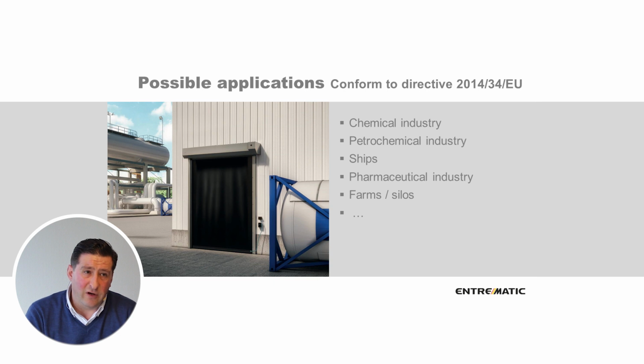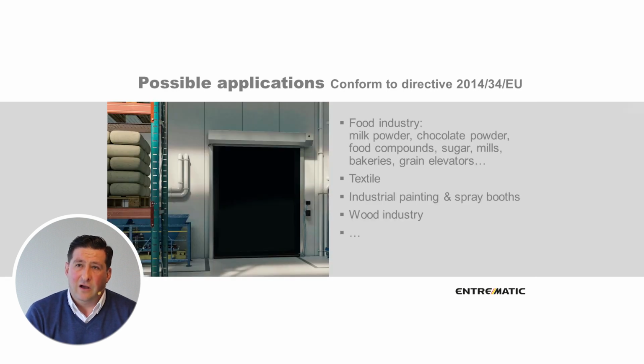Silos, I think more on grain silos. The dust of the grain can be quite explosive. A very important potential market is the food industry in general. Think of milk powder, chocolate powder, industrial bakeries with flour, sugar refineries.